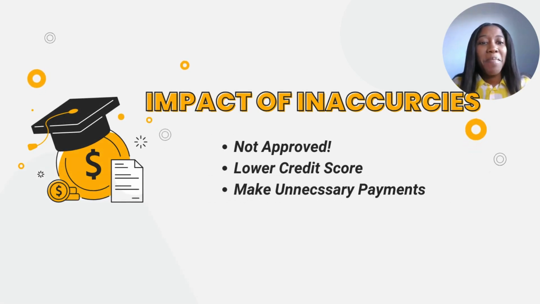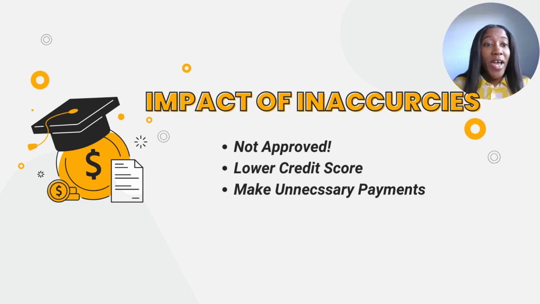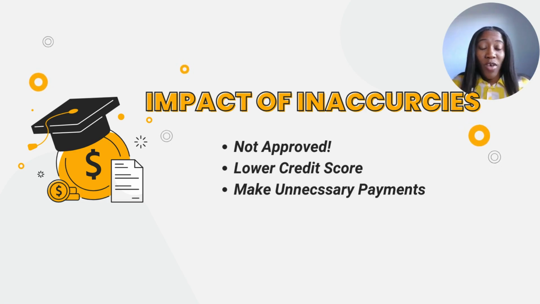Let's talk about the impact of inaccuracies. One of the impacts is you may not get approved for something because there is something incorrect on your credit, such as your social security number. You may end up with a lower credit score because perhaps your credit limit is less than what you actually have.